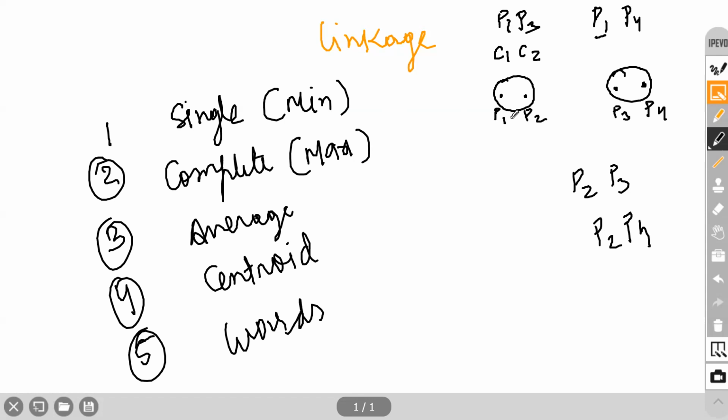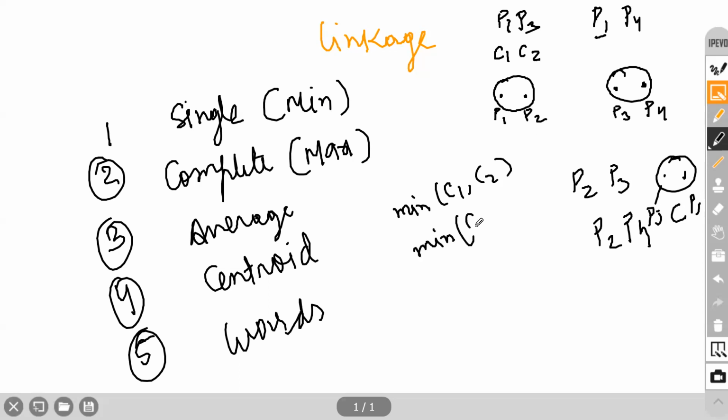So suppose this was cluster 1, this was cluster 2, and now suppose there is a cluster 3. Now I measure the distance. The minimum distance between any two clusters: the minimum between C1 and C2, the minimum between C1 and C3, the minimum between C2 and C3.